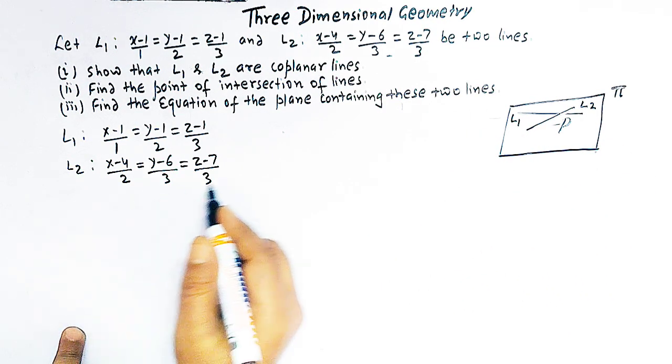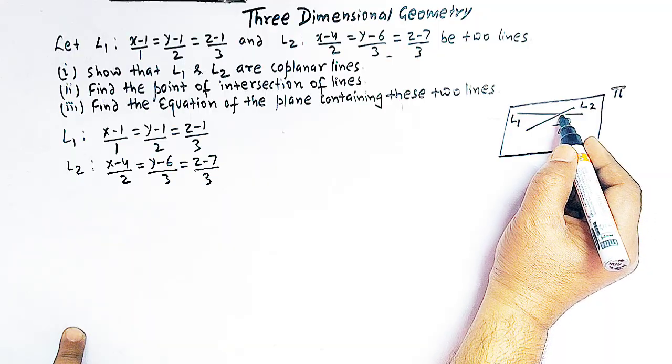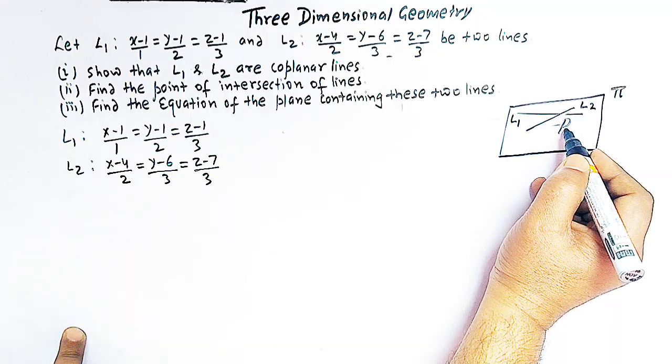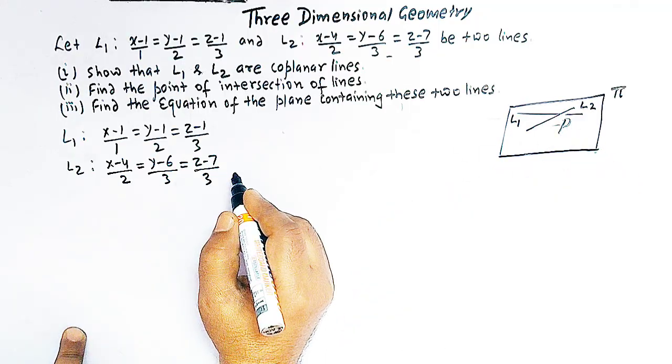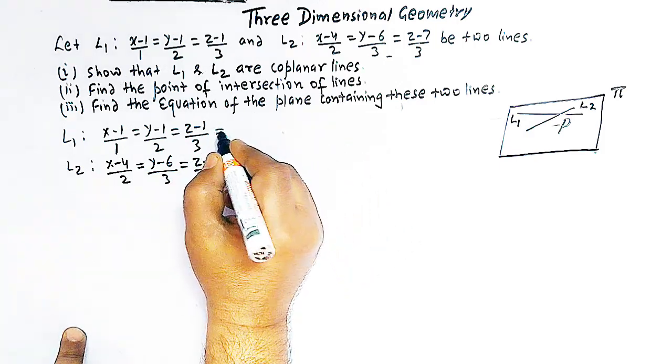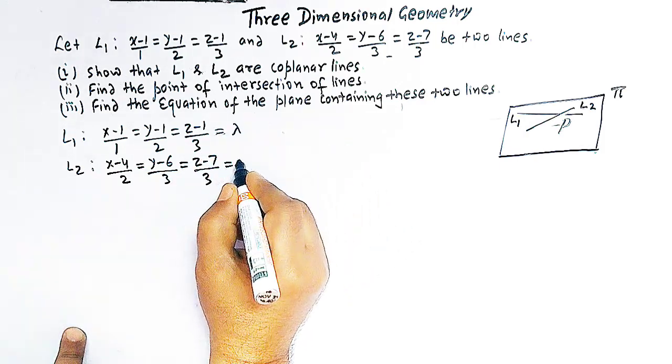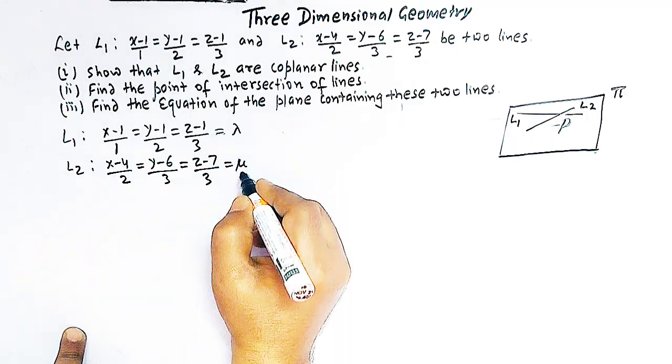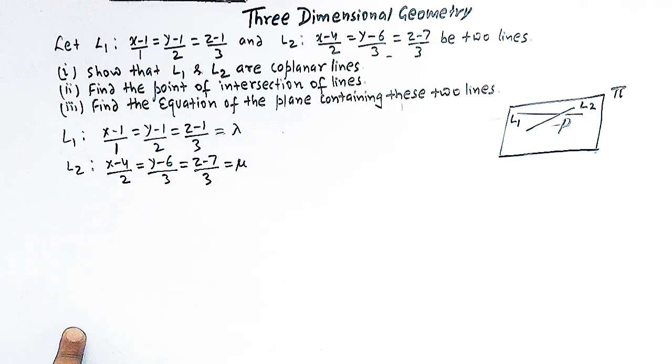So now to get the coordinates of the point of intersection, that is point P, we have to introduce two scalars here. Let us write lambda, and here we have mu. And lambda and mu are two scalars, and lambda and mu are real numbers.